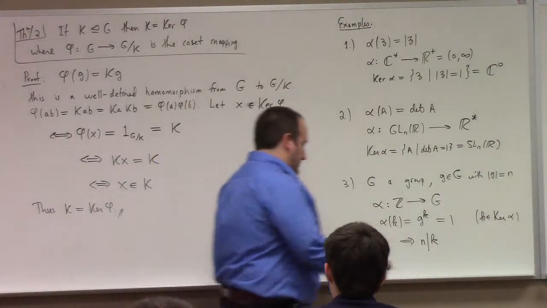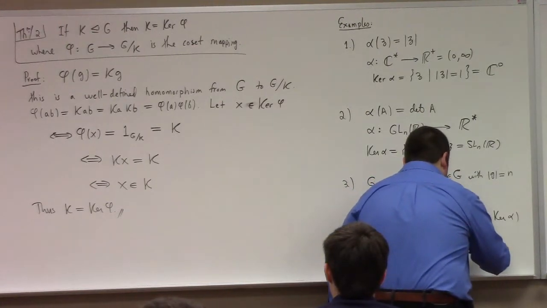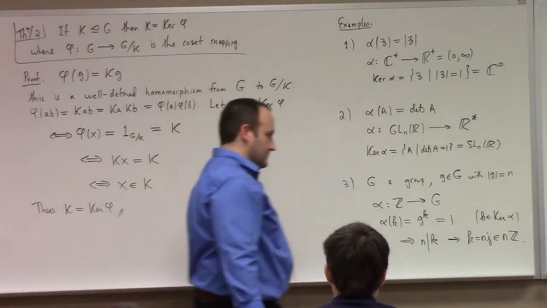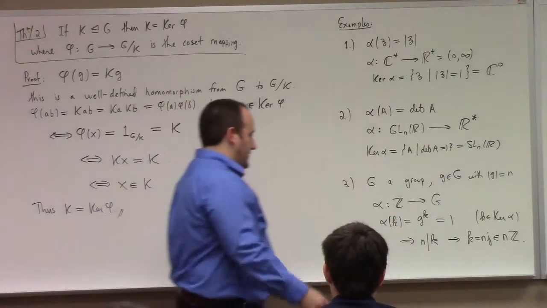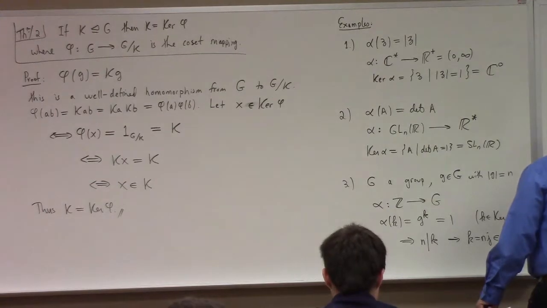And so that implies that k is equal to nj. In other words, it's an element of nZ. So put this all together, we get that the kernel of alpha is nZ.